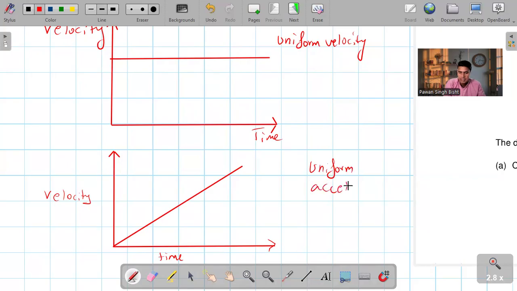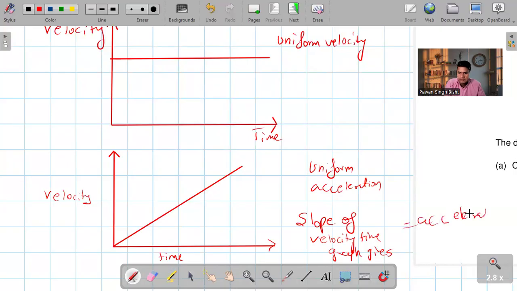Uniform acceleration is happening here. And also slope of velocity time graph gives acceleration. Slope of velocity time graph gives acceleration. Okay.